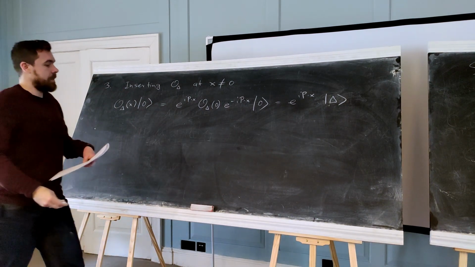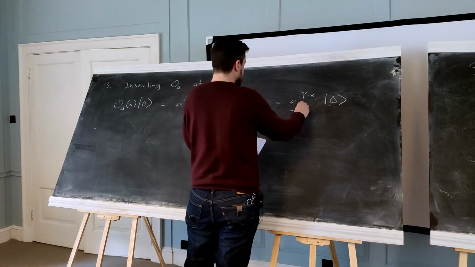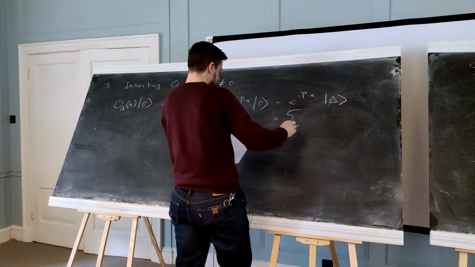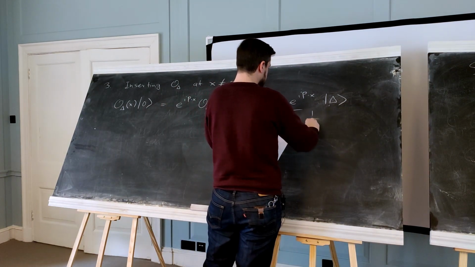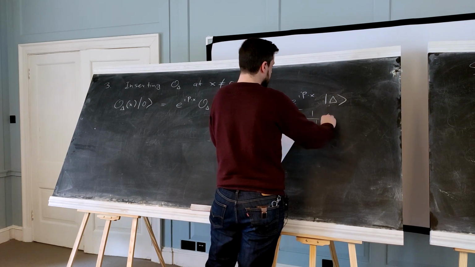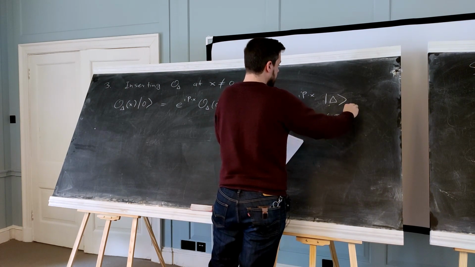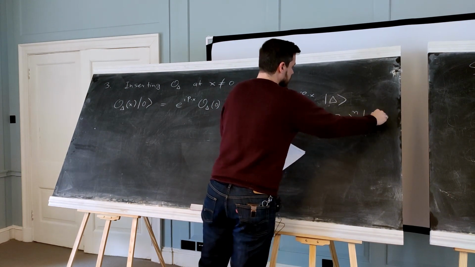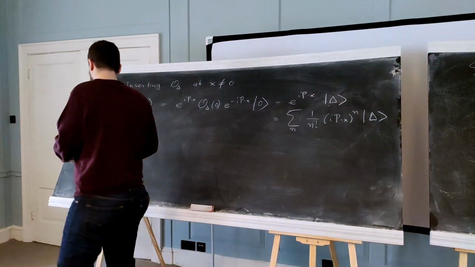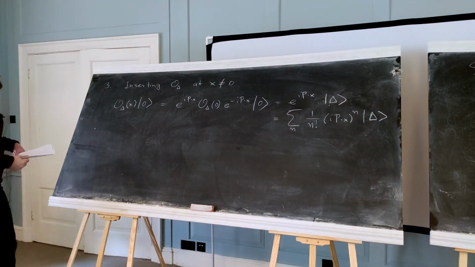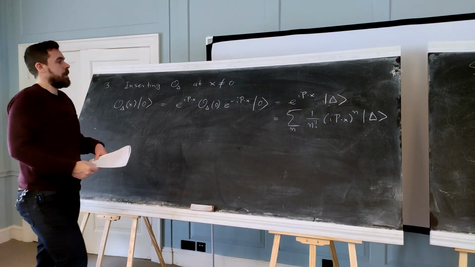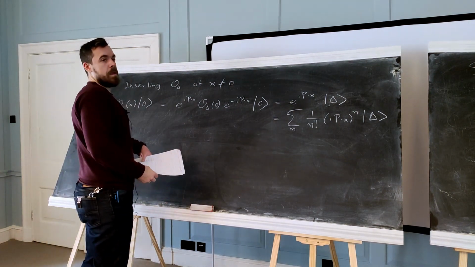Which we may write also by expanding the exponential as a sum over n. Okay, so what about the second step? We call this delta here.